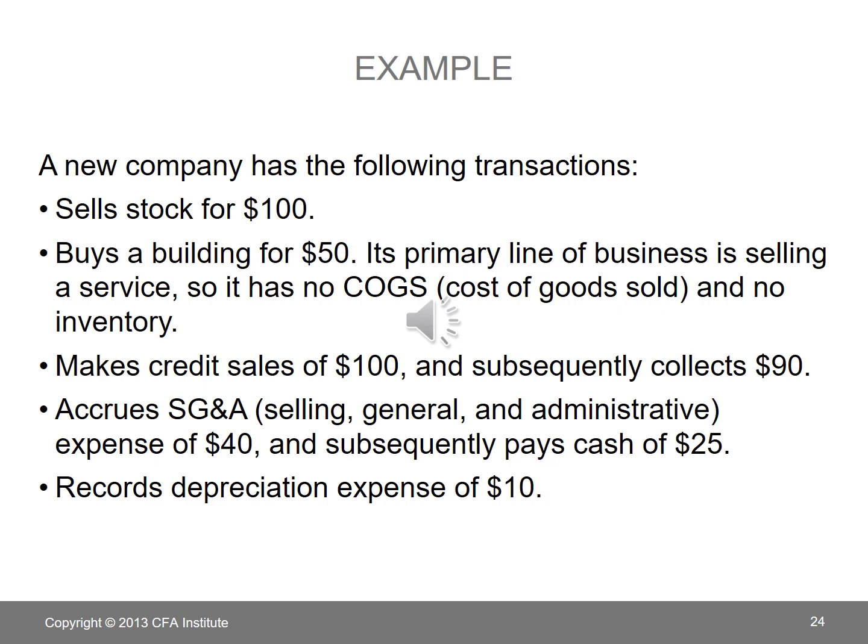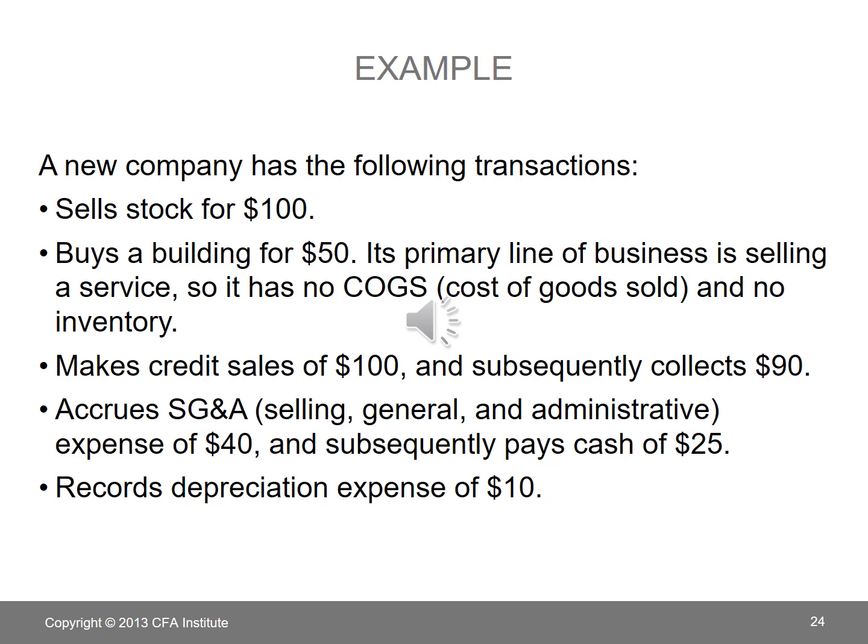It makes credit sales of $100 and subsequently collects $90. Accrues selling, general, and administrative expenses of $40 and subsequently pays cash of $25. It also recorded a depreciation expense of $10.